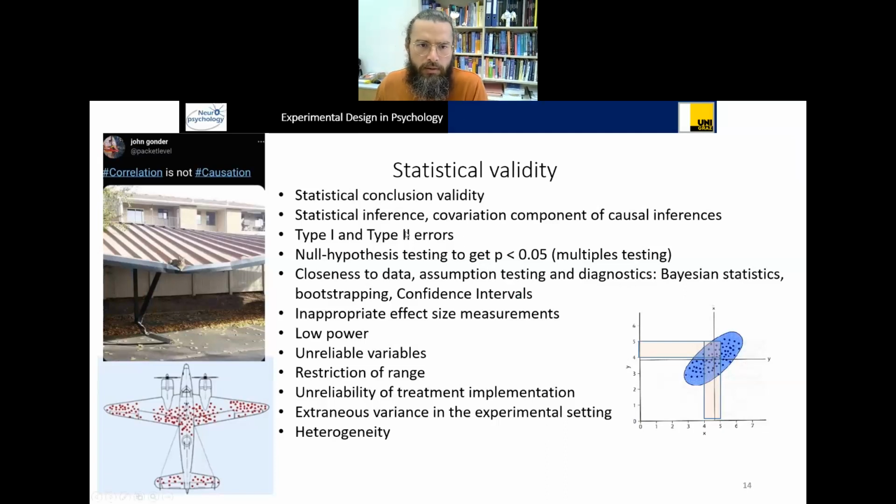We also already spoke about type 1 and type 2 kinds of statistical errors, which happen with specific probabilities. And if you know your theory well, you will be able to take the measures to control for both type 1 and type 2 errors.